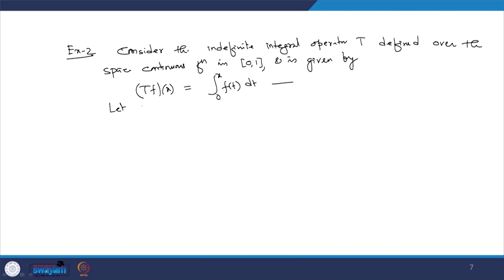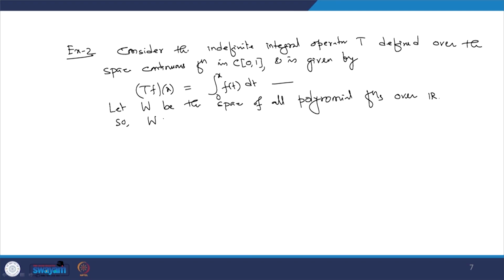Let W be the space of all polynomial functions over the real line R. You will see that this W is a subset of the space of all continuous functions, so I can give its name as C01.